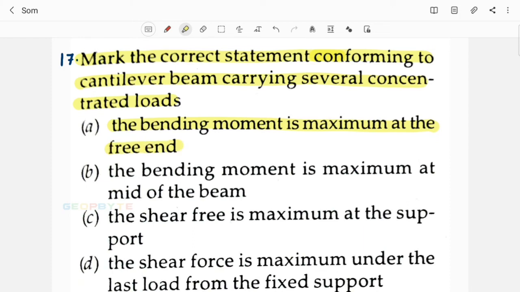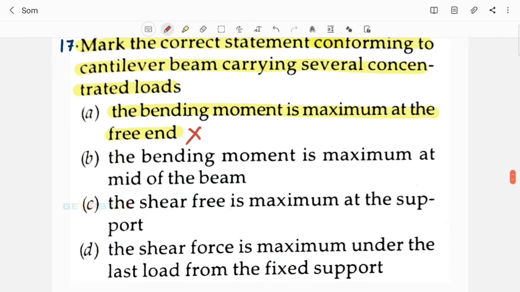No. For the case of cantilever beam, maximum bending moment is occurring at the fixed point. Option A is not correct. Option B, the bending moment is maximum at the mid of the span. No. Maximum bending moment is occurring at the fixed end only.